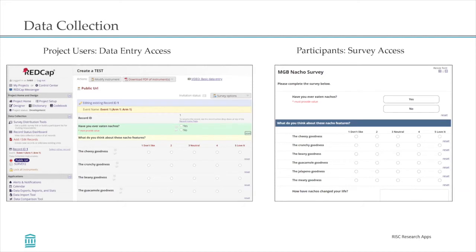Then you could take that same form, or you could take a different form, and you can turn that into a survey. And what that allows the system to do is create a specific URL for that survey. And then if it's the public survey, you can post that survey anywhere or send it in any email. People click on it, they see the survey access, which is just a more limited view, but it's basically the same data and the same form.